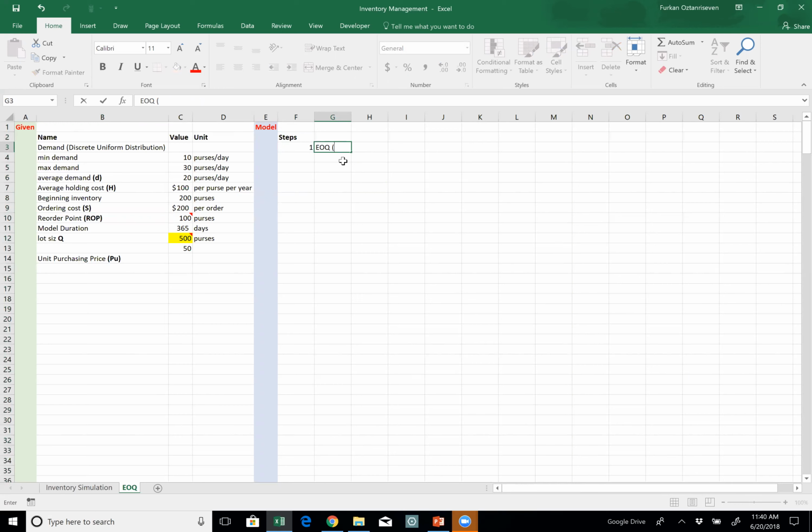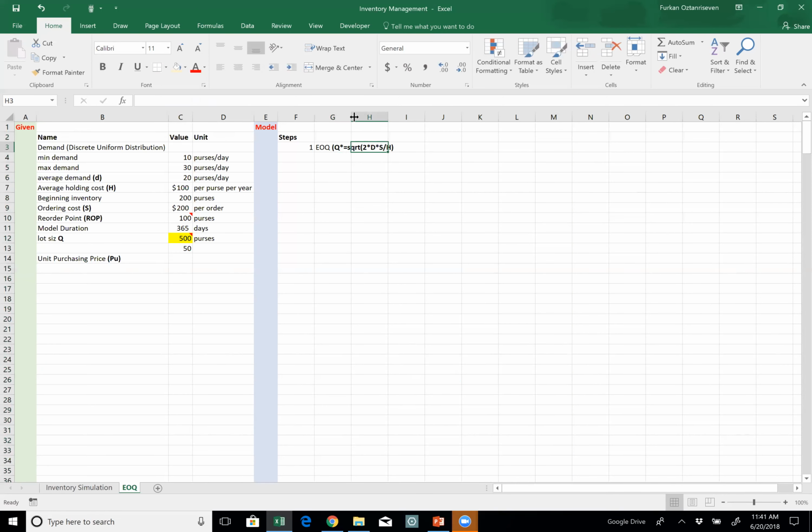The formula for this is Q star equals the square root of 2 times capital D, which means annual demand, not daily demand, times capital S, ordering cost per order, divided by capital H, which is holding cost per unit per year.